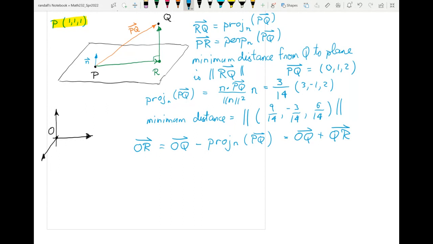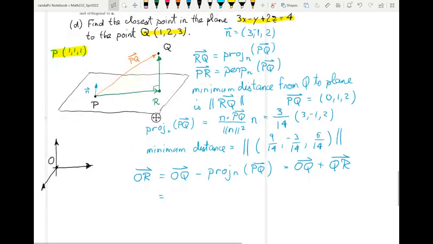Good. Now I've just finished computing the projection of P to Q. So let's do the calculation. So it's equal to O to Q, here's my Q. Just to simplify things, I'll write it out here and you can check my algebra.